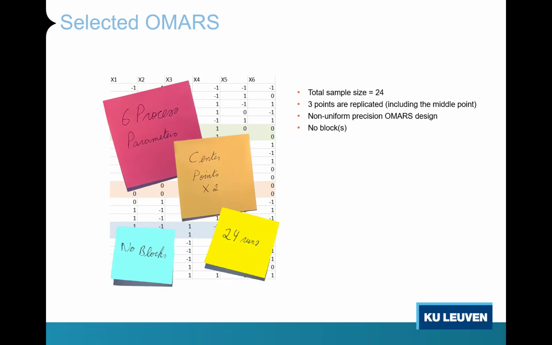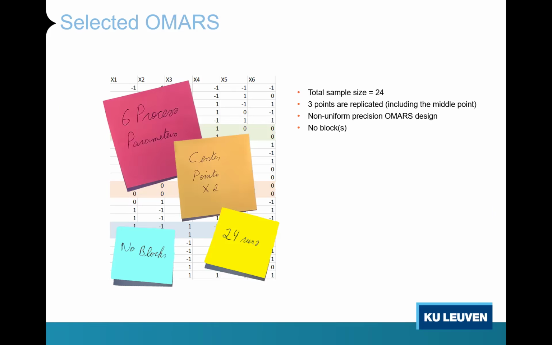So the design selection procedure also has an option to indicate, I want an OMARS design with a couple of replicates. And there are quite a few OMARS designs that do have replicates. There's also quite a lot of OMARS designs that do not have.